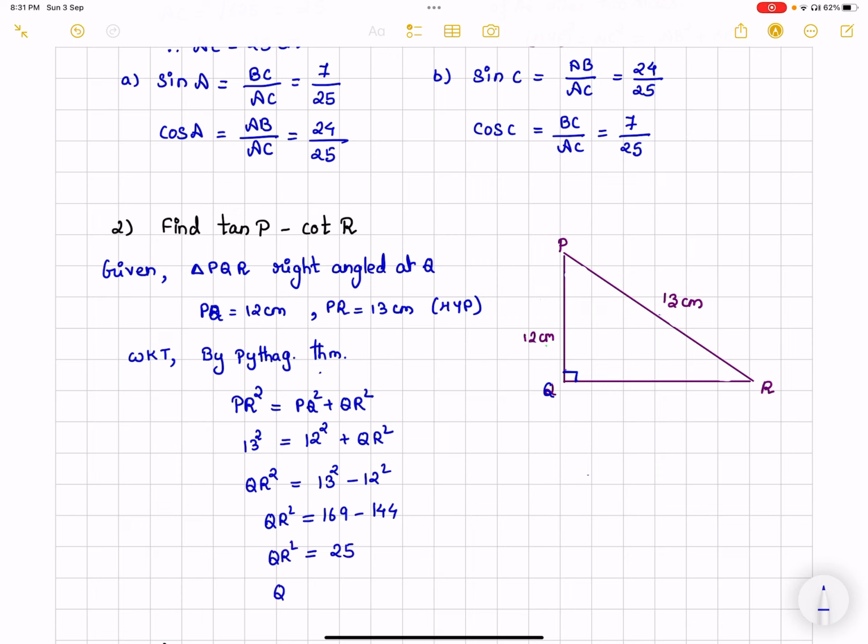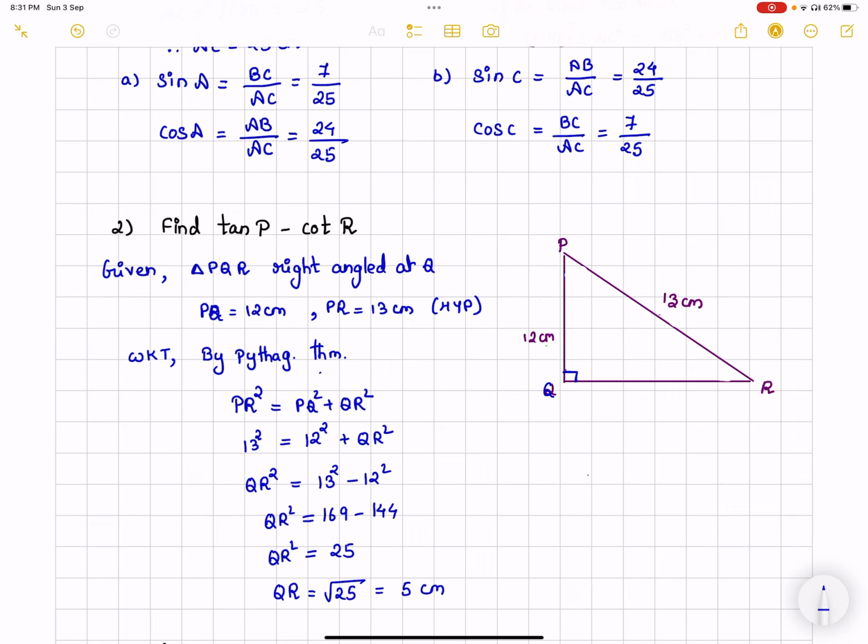What is going to be my QR? Obviously, I would be getting plus or minus 5, but QR is nothing but root 25. But I would be taking plus 5 into consideration because we are handling length here, which is a measurement of one of the sides. So that's the reason it can't be a negative 5. Done. We have found out this one.